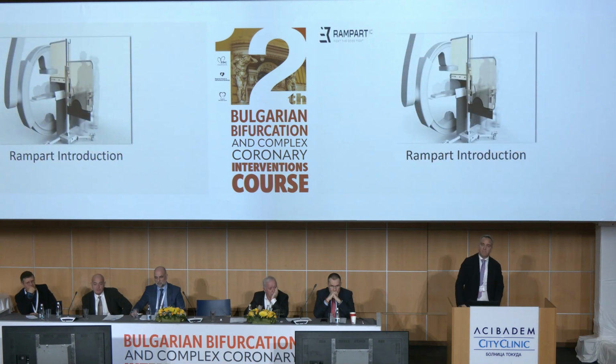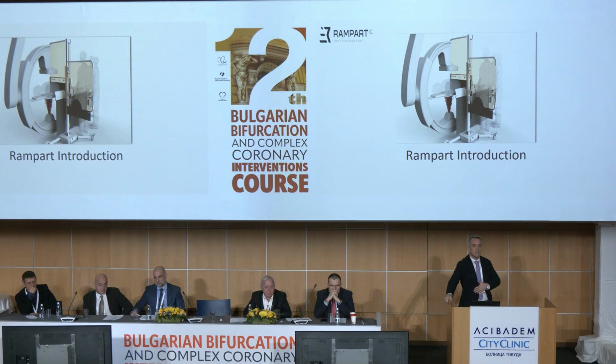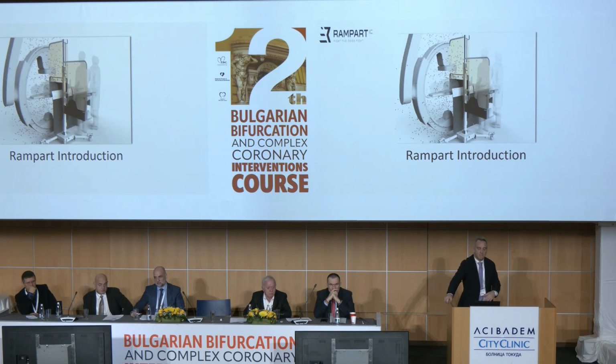The other system is Rampart. I bet you heard about Rampart because it has become really popular in the last years. So you can see a video of what Rampart does. Rampart is a wall between us and the angiography machine.